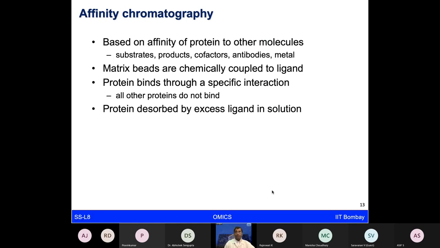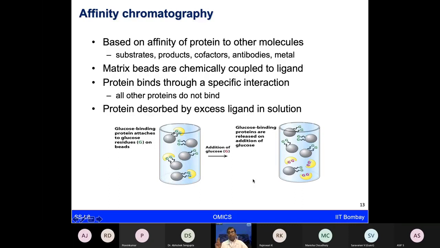Affinity chromatography is mostly used when you know the specific protein has affinity to some biomolecule, such as specific substrates, products, or cofactors, especially when antibodies are being used for this kind of work. These matrix beads are chemically coupled to the ligands, and proteins show very specific binding through a specific interaction.